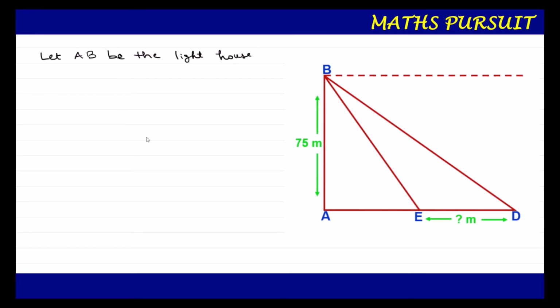So the question says that the angles of depression of two ships, let's assume that one ship is at point E and the other ship is at point D. And the angle of depression, or whatever angle it forms, is 30 degrees for one and 45 degrees for the other.